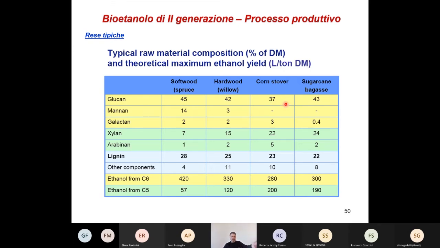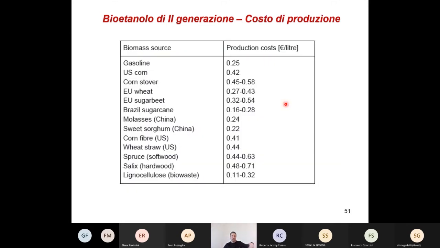Okay, we can continue also with the production costs. Of course, in general, this is valid for quite all the pathways from biomass. The production costs are higher than, of course, fossil fuels costs.